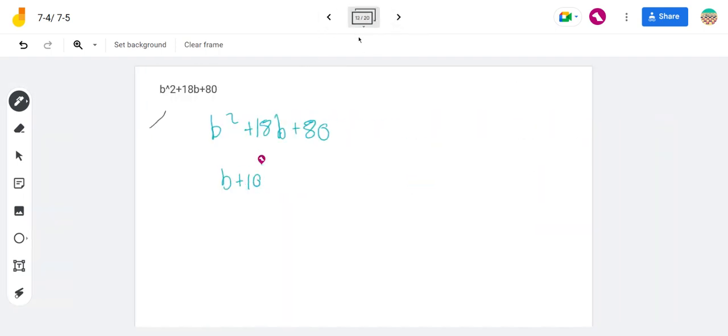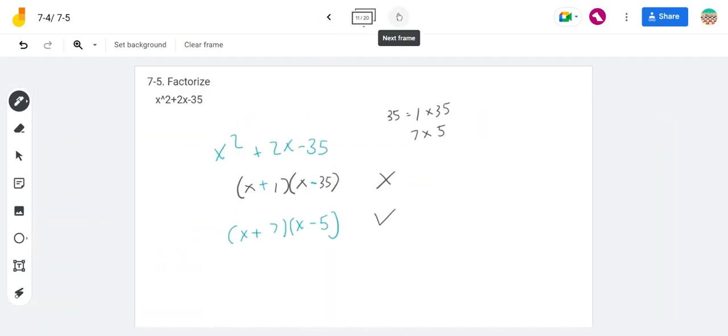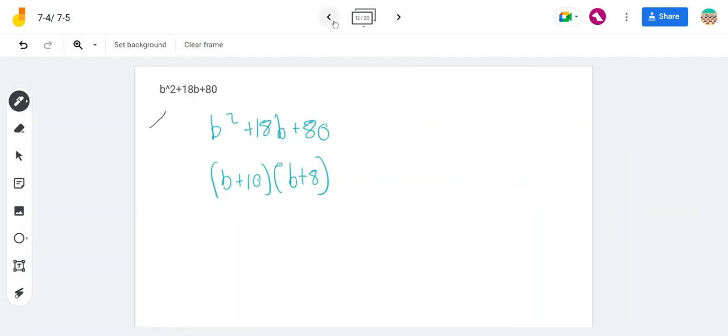Oh, so here on page number 12, we are asked to factorize the polynomial. So we have b plus 10 and b plus 8.